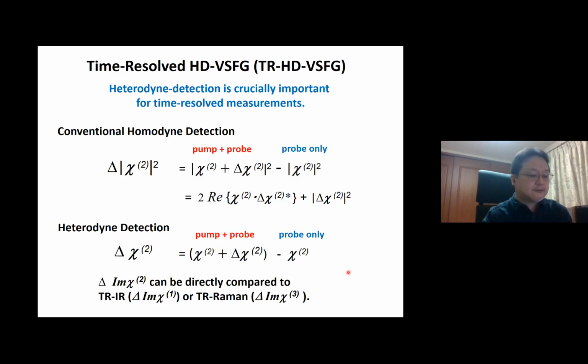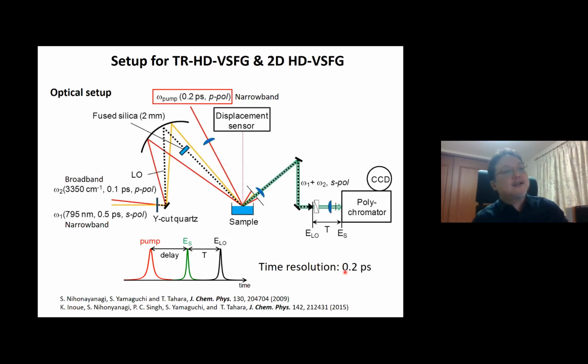So then, this is the setup for time resolved heterodyne VSFG, or 2D heterodyne VSFG. We irradiate the infrared pulse, which is a little narrowed for selective excitation of some portion of the bands, and we introduce the omega-1 narrow band and broadband infrared.